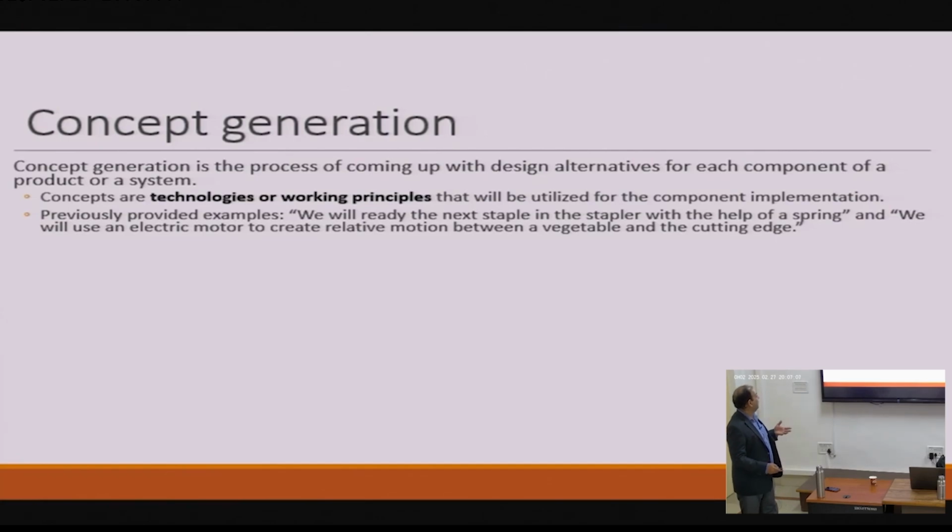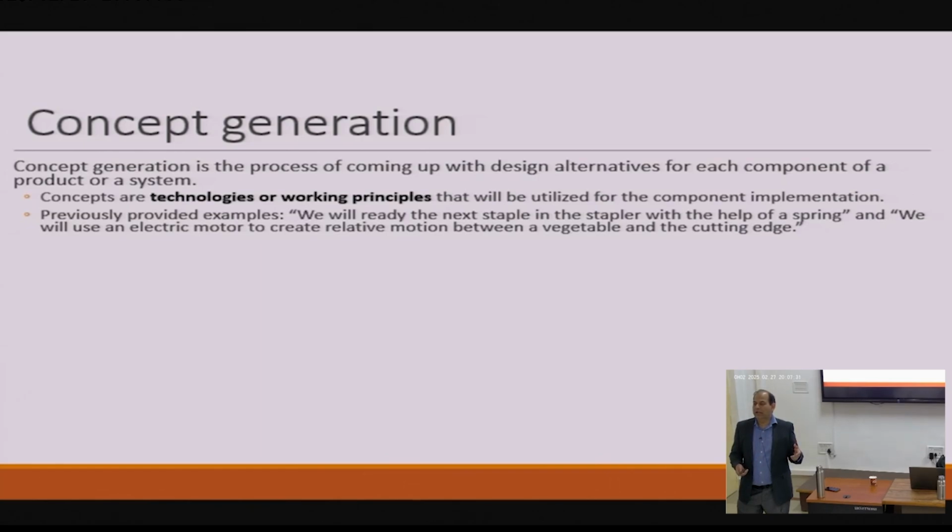Okay, and we'll see many examples. We have seen some examples, and we'll continue to see examples. For example, we will ready the next staple in the stapler with the help of a spring. That's a working principle. I'm still not saying what the spring constant of the spring is. That is critical, right? If the spring constant is not high enough, you may not be able to advance the cartridge.